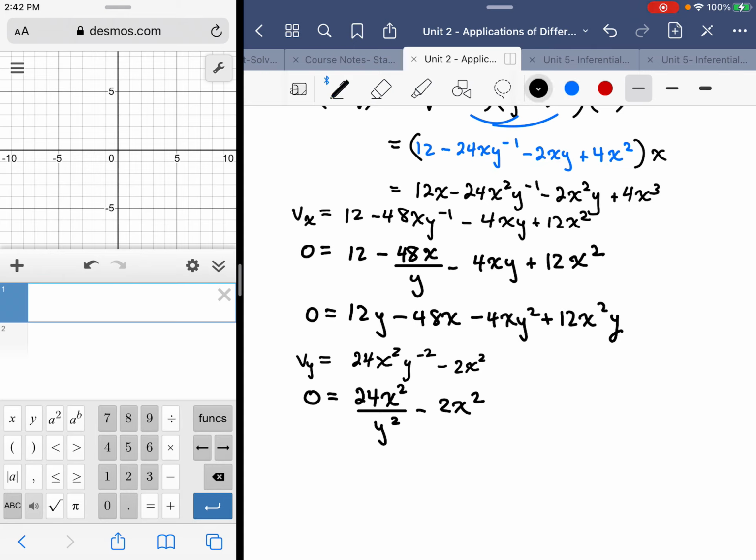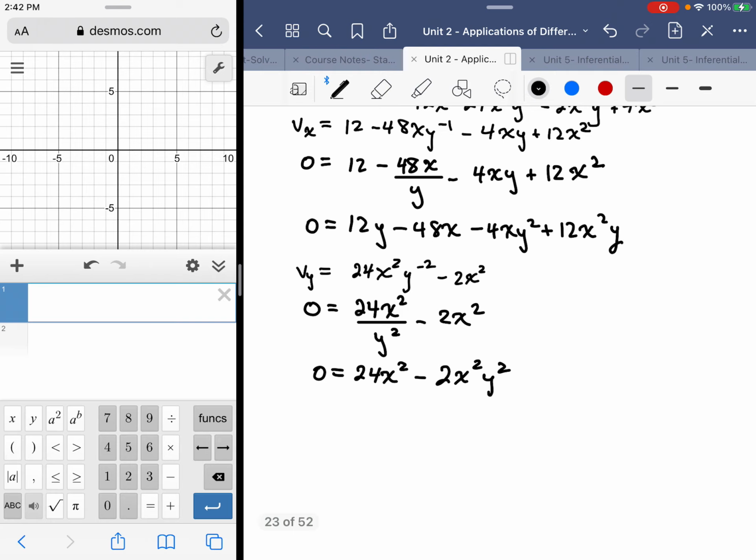So I'm going to multiply everything by y squared. So 0 equals 24x squared minus 2x squared y squared. Just focusing on this one for a second, I can pull out a 2x squared, and then I'm left with 12 minus y squared.